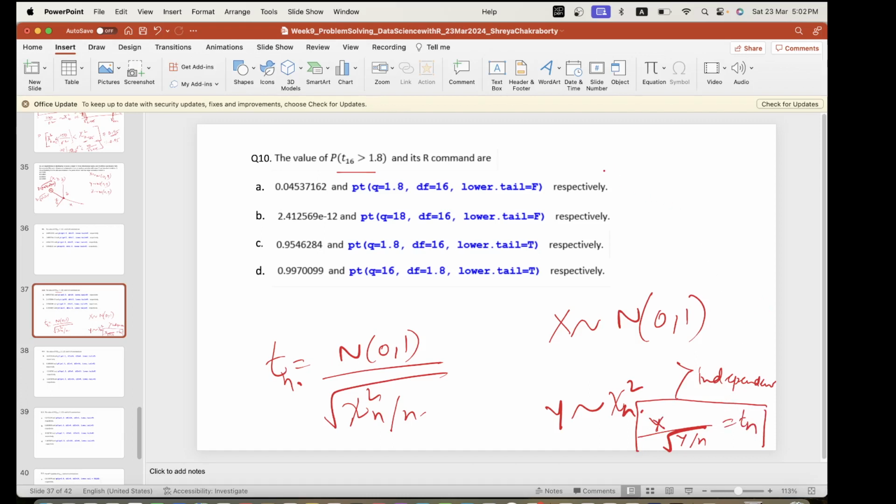And t distribution is also symmetric about 0. So probability T16 greater than 1.8 is actually the same as probability T16 less than minus 1.8. Why I am telling you this is because suppose you are given this value in your exam, but the question asks something like less than minus of this thing. Then you have to exploit this symmetry property and get to the answer.